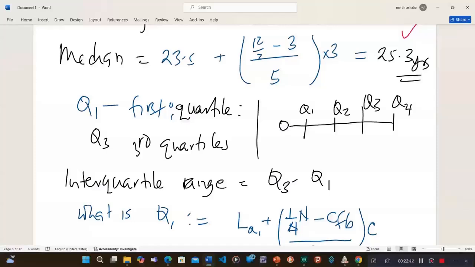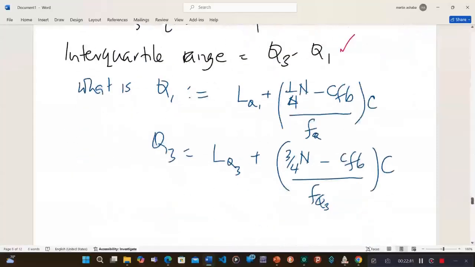Q1 is the first quartile, and it represents the first quarter. Then Q2 also represents the second quarter, and that is equivalent to the median. So Q2 is the same as the median. Q3 minus Q1 is what we call the interquartile range.